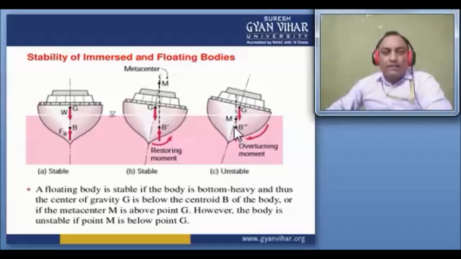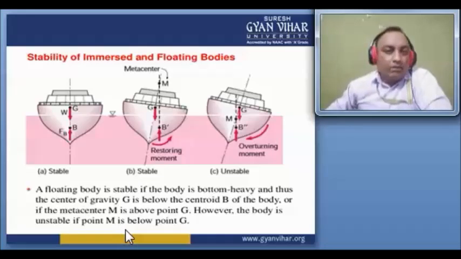In this case, the metacenter is below the center of gravity. So the body is unstable if point M is below the point G.